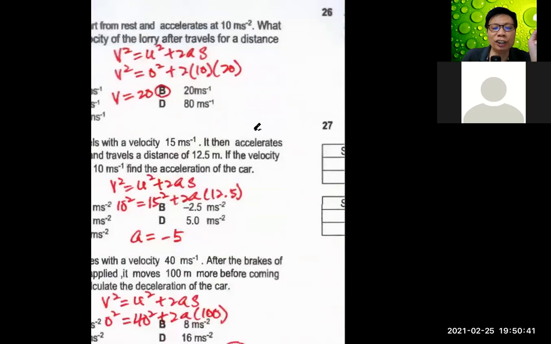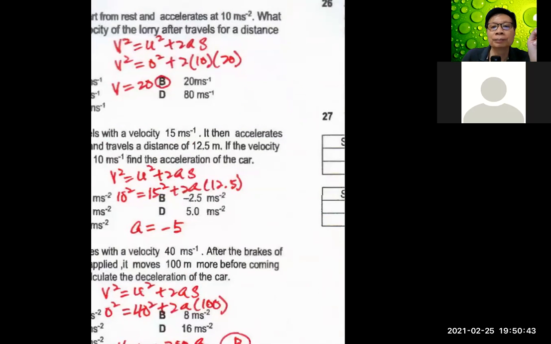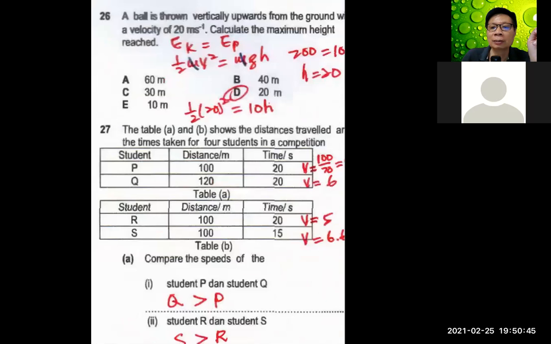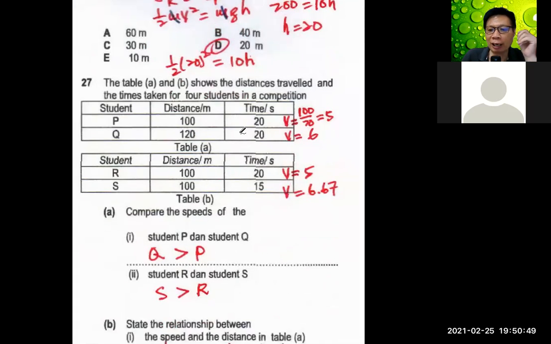This question, Chapter 2, Lesson 1, Question 27. Have we discussed this one already? Not yet. Then can you tell me which question we stopped at? 27. Okay, then let's start from this question.